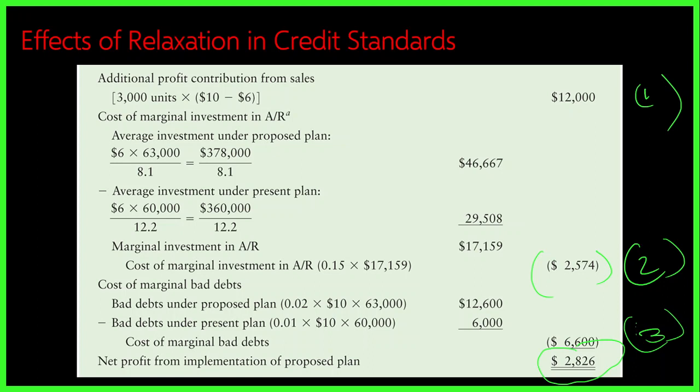Question, is it wise to relax your credit standards? The answer is yes, because there is an estimated increase in our profits amounting to 2,826. Okay? There are many variations of this. Okay, get ready because I might give you some exercises in the future.